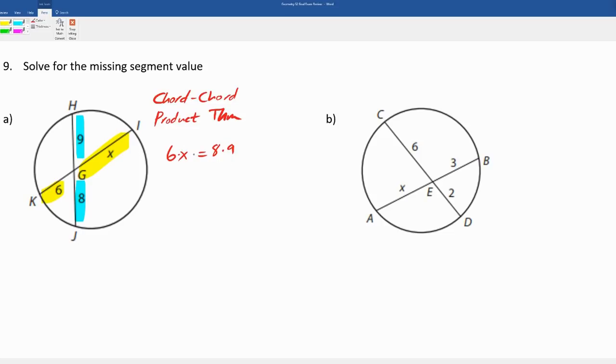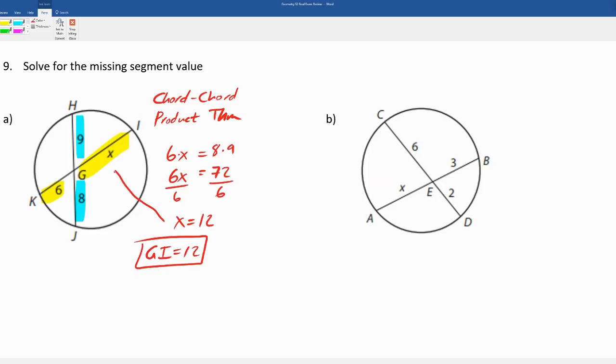Multiplication is commutative. So we got 6x, right? 6 times x is 6x. 8 times 9 is 72. How do you get rid of a multiplying 6? Divide. Just remember what you do to one side, do to the other. And you should get x equaling 12. So the missing segment, GI, is 12.